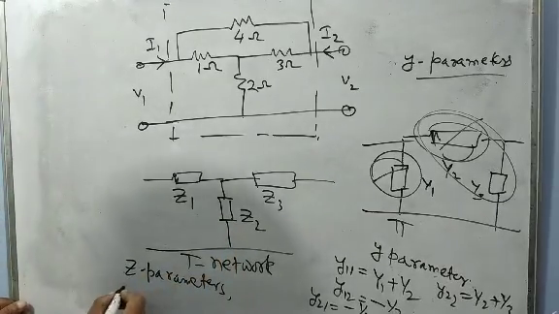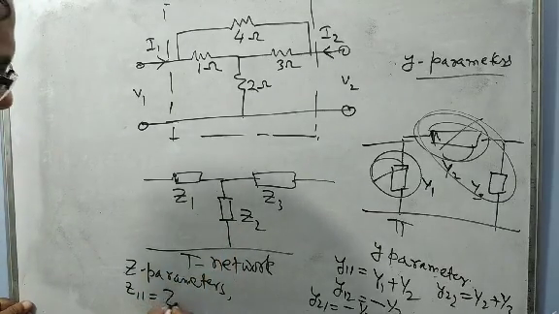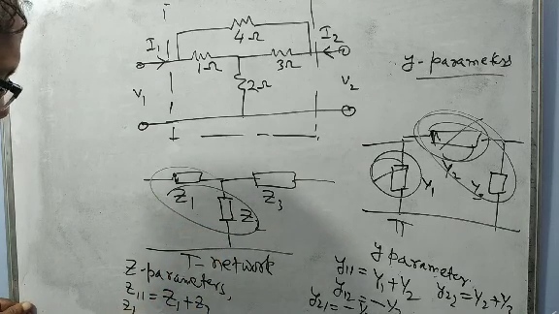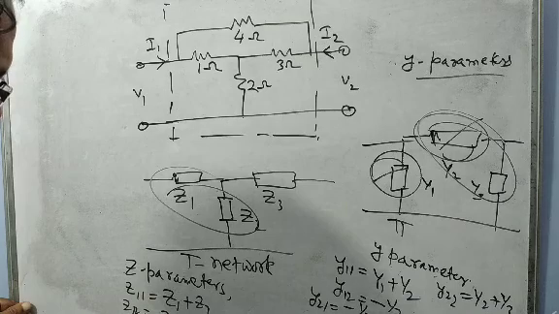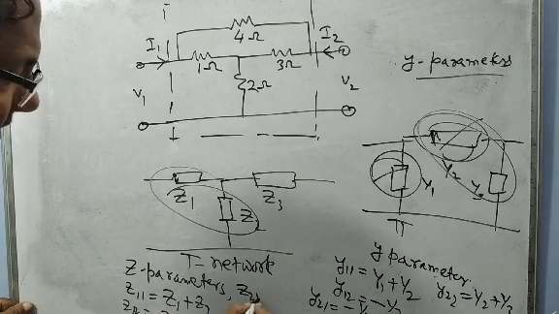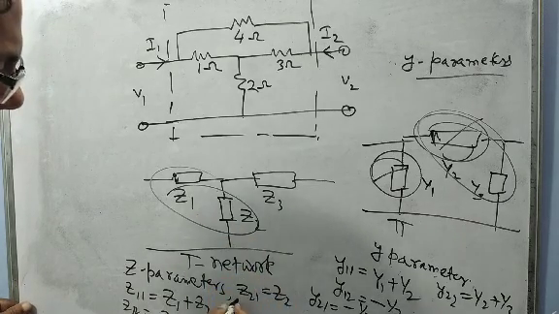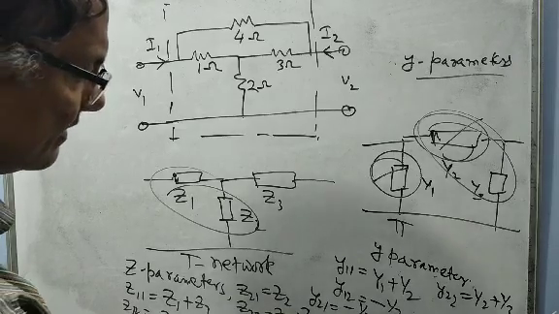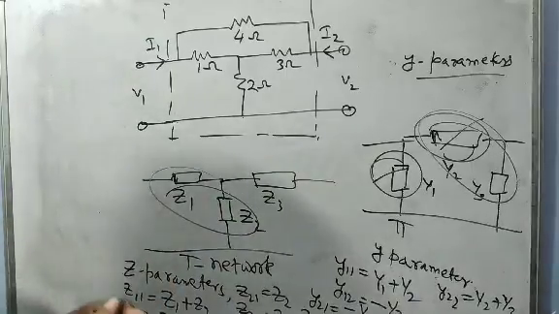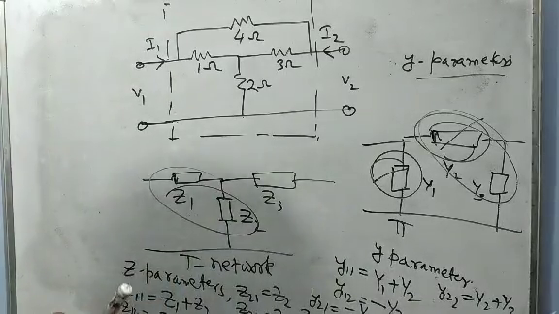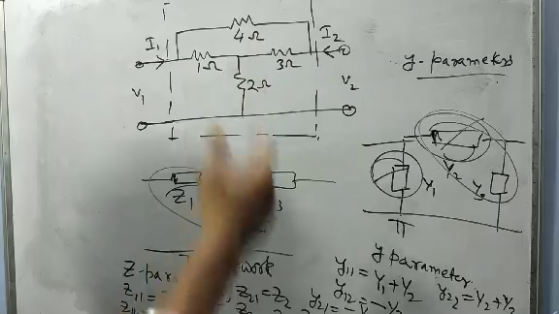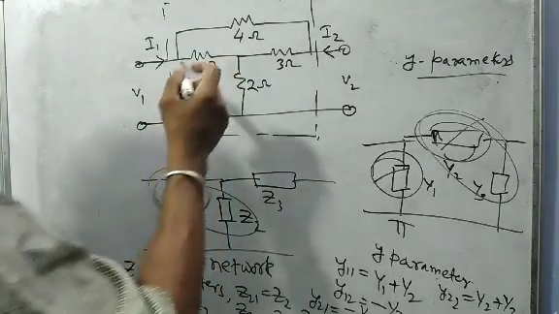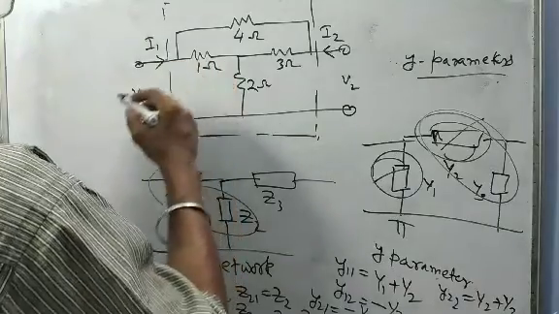So Z11 will be Z1 plus Z2. Similarly, Z12 is Z2, and Z21 is also Z2, the common part, and Z22 is equal to Z2 plus Z3. This is the fundamental concept behind this, and I think you can try this one and you will be getting the answer.